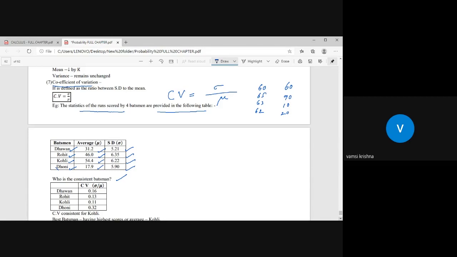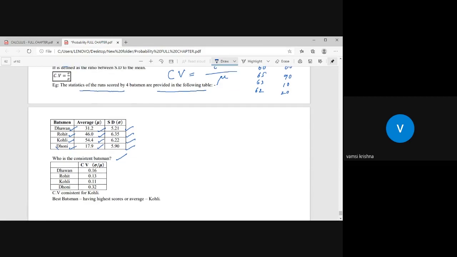But actually what you should do is this. If I ask who is the consistent batsman, you need to find the coefficient of variation. Coefficient of variation is sigma by mu. This is your sigma value and this is your mean value. Suppose you want to find it for the batsman Dhawan.